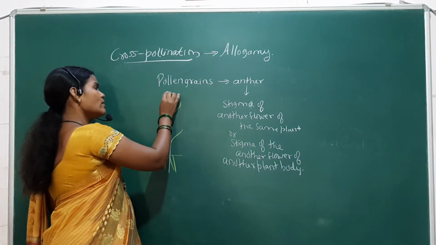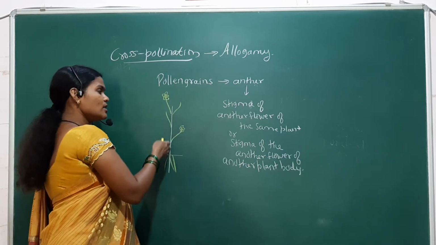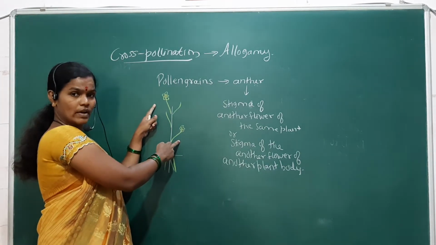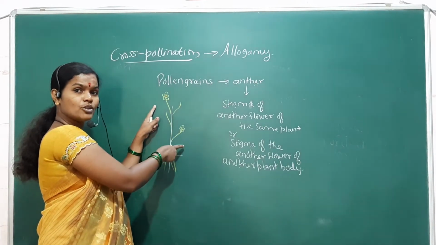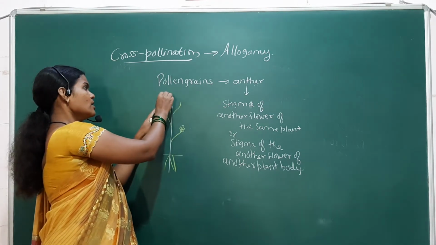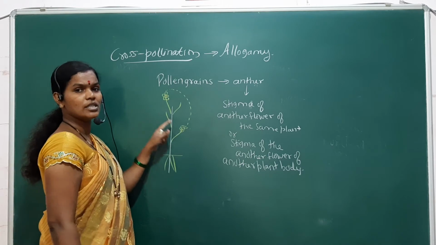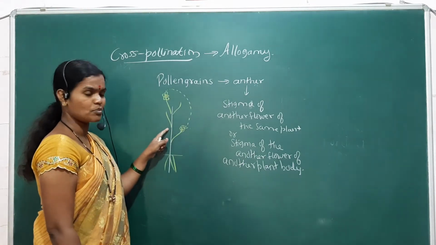Here one flower is there, here one flower is there. So the same plant body, two different flowers. This is cross-pollination. From here the pollen grains are transferred to this flower. This is one type of cross-pollination.